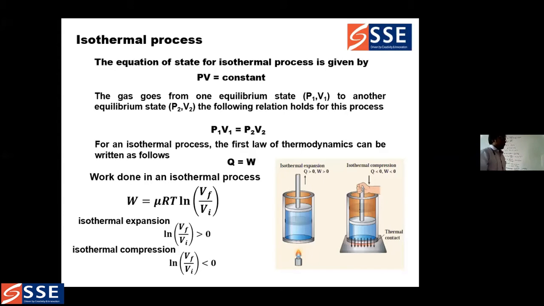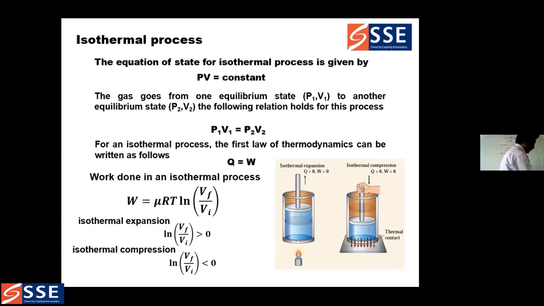When the heat is absorbed by the piston, the head of the piston goes up, which means the volume is varying and pressure is also varying, but we are maintaining a constant temperature outside. Again, in isothermal compression, we are compressing the head, and the volume is changing and pressure is also varying.